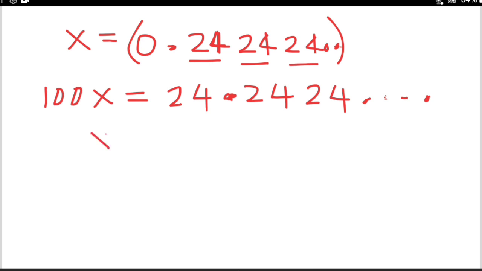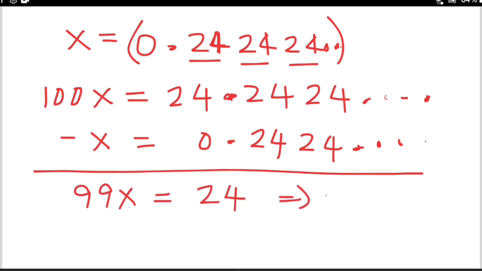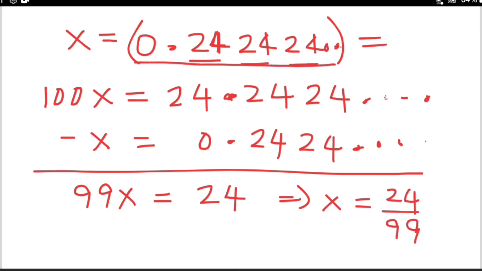Now subtract this with x, which is 0.2424 and so on. If you subtract, then you will get 100x minus x, which gives 99x, equal to 24. Then x equals 24 divided by 99. This is the x value. So for this recurring decimal, the fraction form is 24 divided by 99.